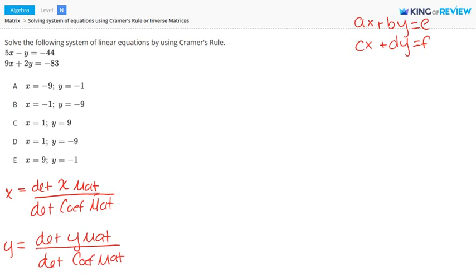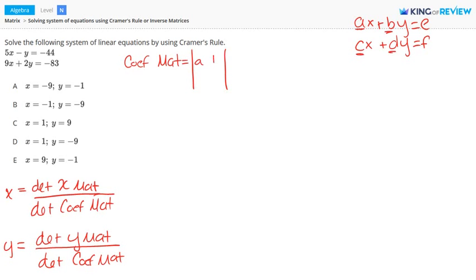So let's set up our matrices. Let's start with our coefficient matrix. The coefficient matrix is going to equal the coefficients on the x and y terms.